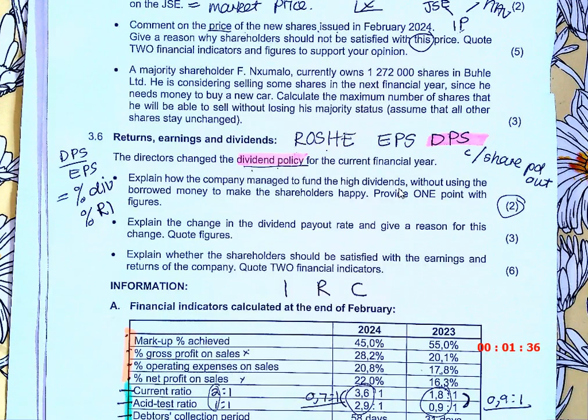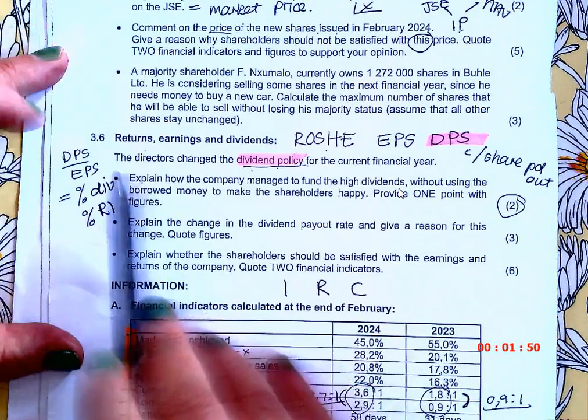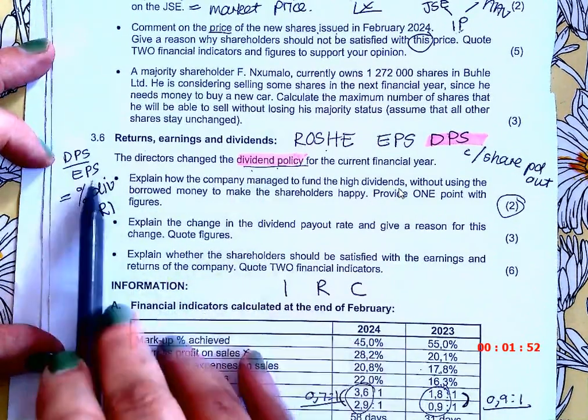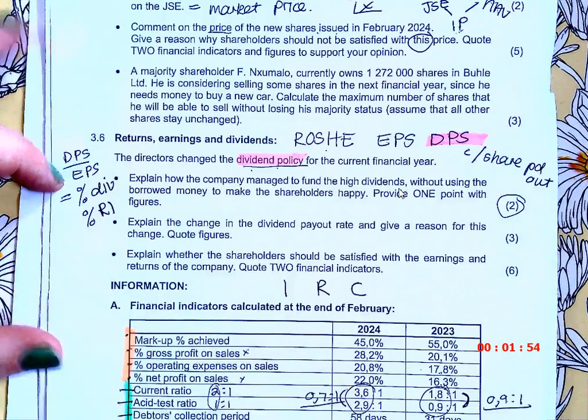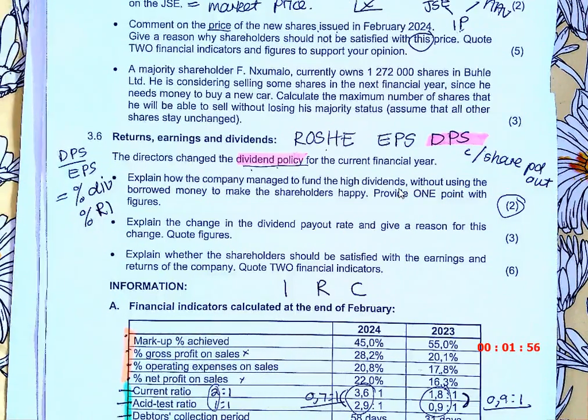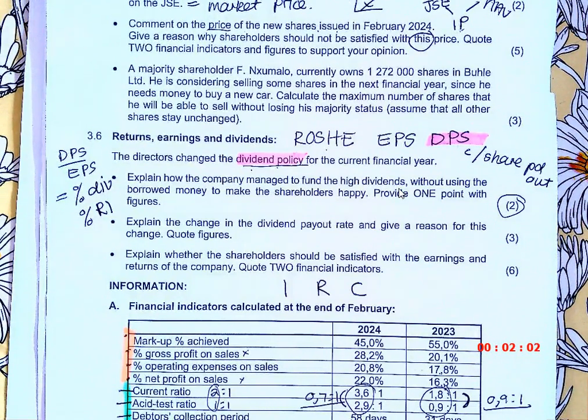How much of that 70 cents goes for dividends and how much goes for retained income, which is basically the way the company saves. So in other words, it will be the DPS over the EPS, the percentage of the total earnings being declared as dividends, and the remaining is the retained.